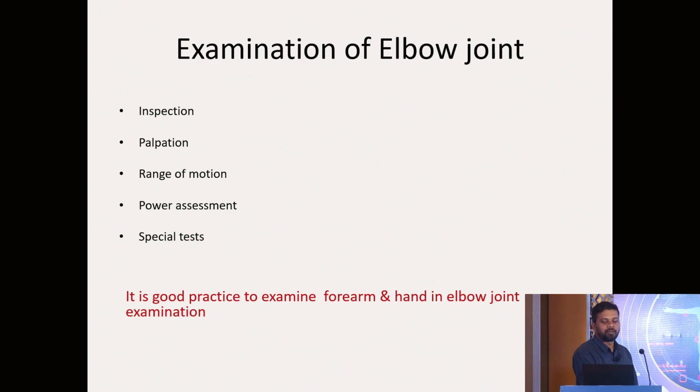When you are examining the elbow joint, don't forget about the hand and forearm, because in some entrapment neuropathies, like ulnar entrapment neuropathy or median entrapment neuropathy, we can get wasting of hand muscles, even in the forearm muscles. In pronator teres syndrome, if there is an entrapment of the median nerve, we can get forearm muscle wasting. So make it a good practice to examine the forearm and hand muscles.